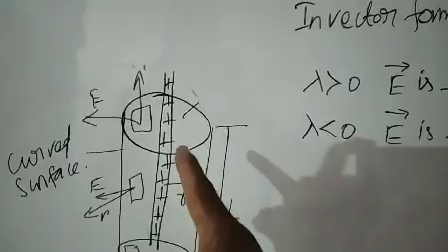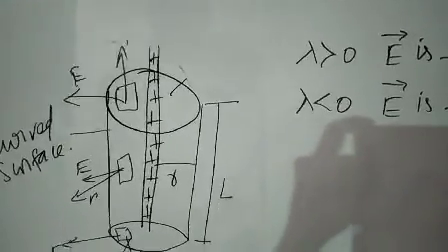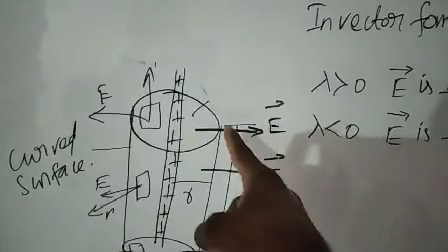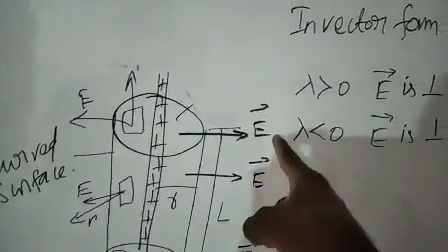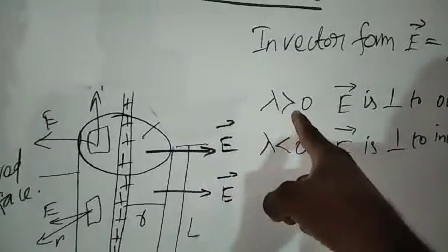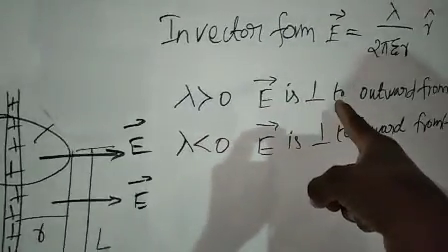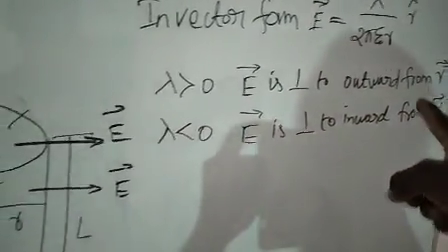The electric field is in the radially outward direction when lambda is greater than 0, that is E is perpendicular and outward from the wire.